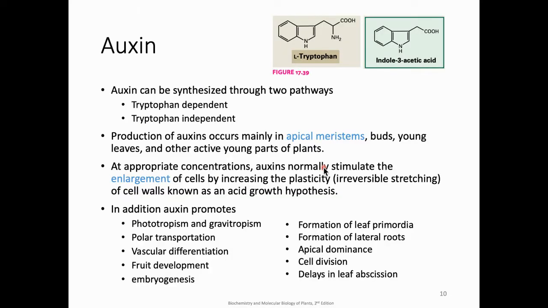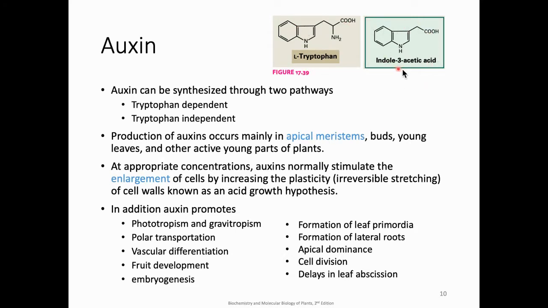Later, scientists named the hormone auxin, and they isolated the hormone from the plants. Auxin can be synthesized in the plant through two pathways. Let's take a look at the structure of the hormone.